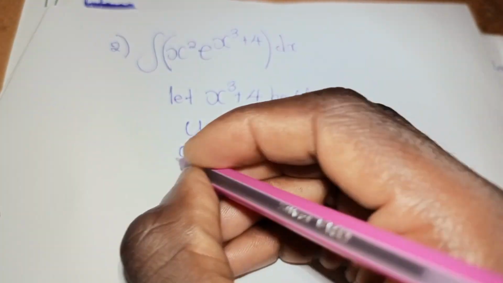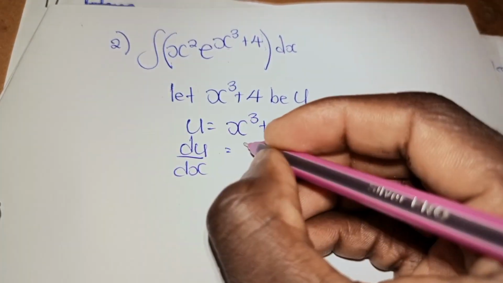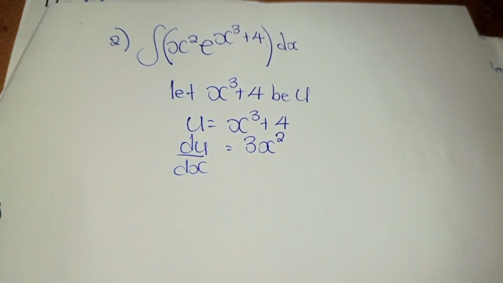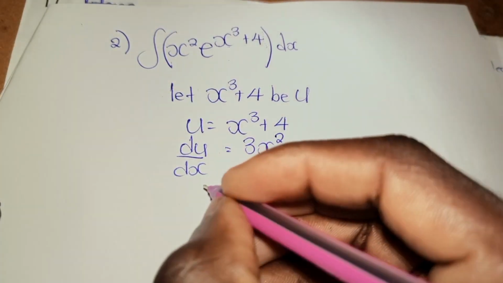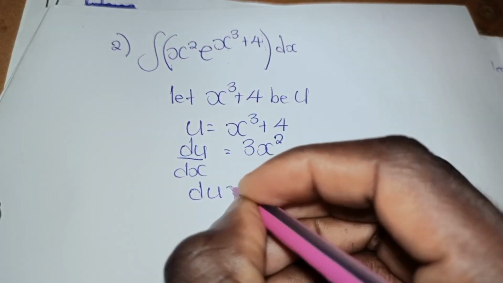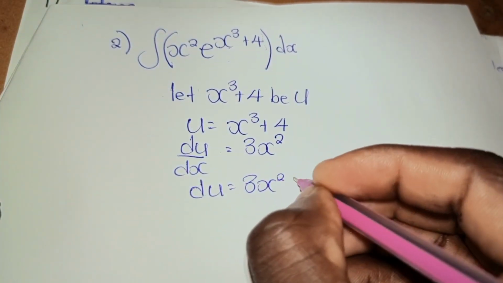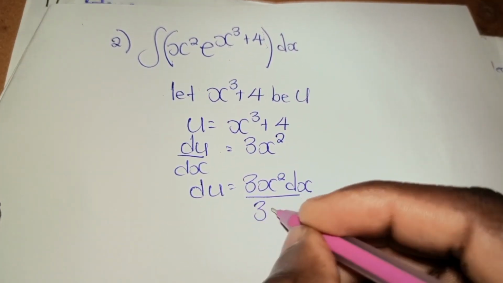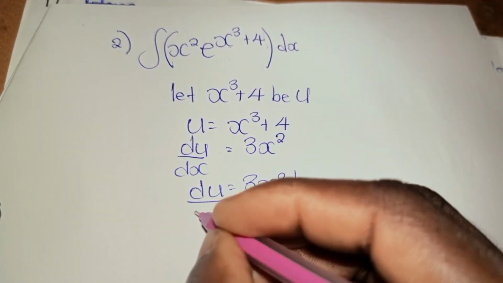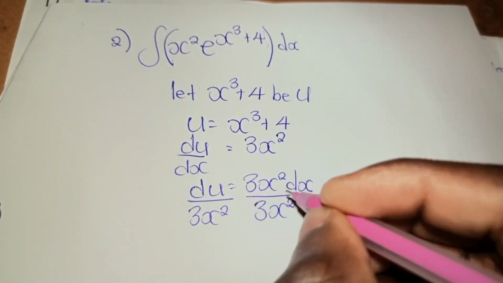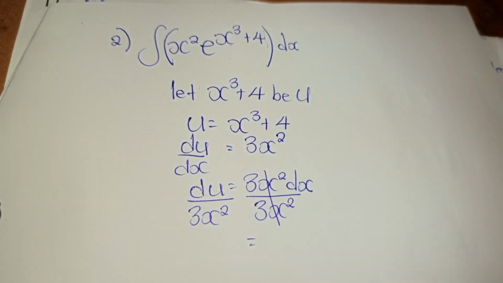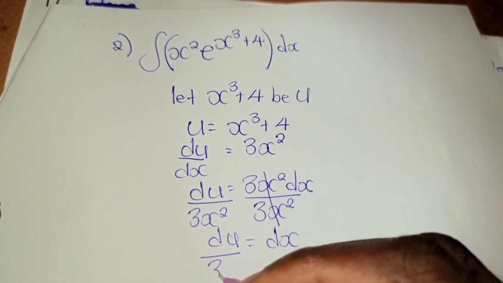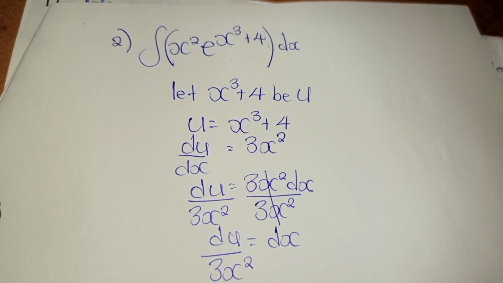Then du over dx is equal to 3x squared. Then from here we'll make dx the subject. So we'll have du equal to 3x squared dx. We want to make dx the subject, so divide both sides by 3x squared. So this will cancel and we'll have dx equal to du over 3x squared.